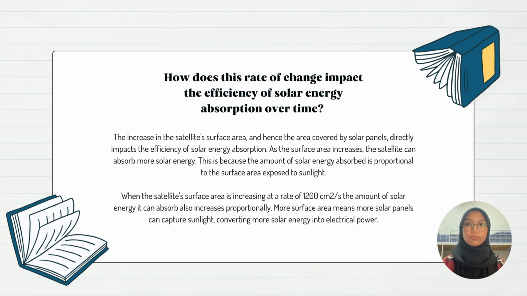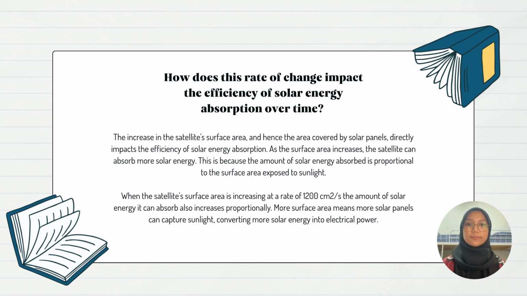The question also asks, how does this rate of change impact the efficiency of solar energy absorption over time? We know that the increase in the satellite surface area, and hence the area covered by solar panels, directly impacts the efficiency of solar energy absorption. As the surface area increases, the satellite can absorb more solar energy. This is because the amount of solar energy absorbed is proportional to the surface area exposed to sunlight.